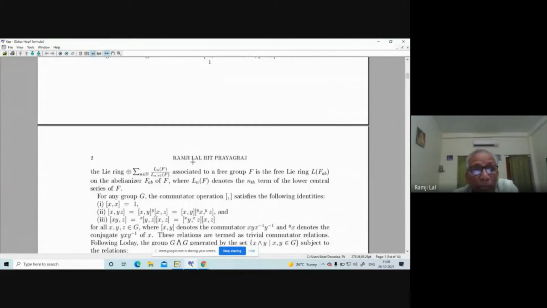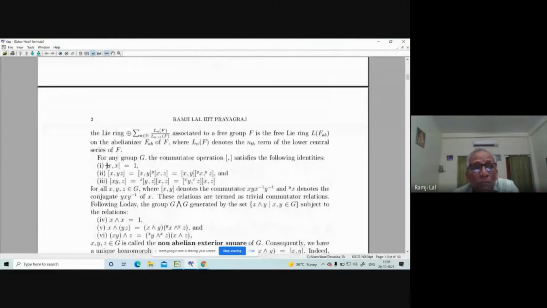So for any group G, let me first introduce the commutator operation, denoted here, which satisfies the following identities, as you all know. The commutator of [x,x] is 1, the commutator [x,yz] is [x,y] times the conjugate of [x,z] by y, which is equal to [x,y] and the conjugate of x and the conjugate of y.